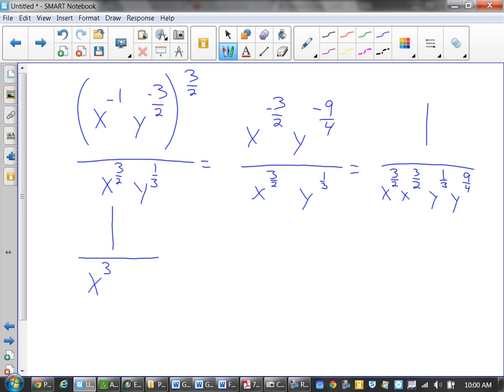All right with that? And then 1/3 and 9/4. We have to get the common denominator. It's a 12th, so it's not that bad. That becomes 4 over 12, and then 27. So it becomes y to the 31 over 12.